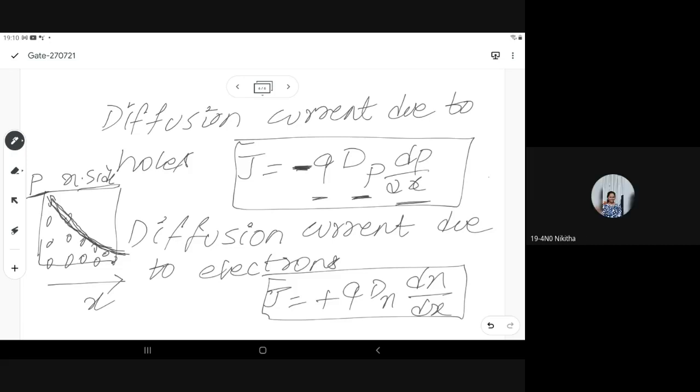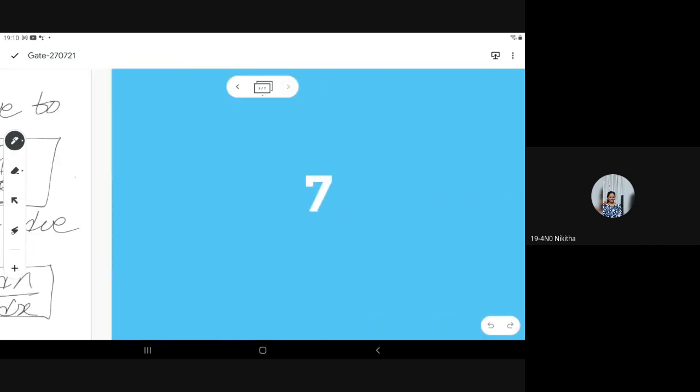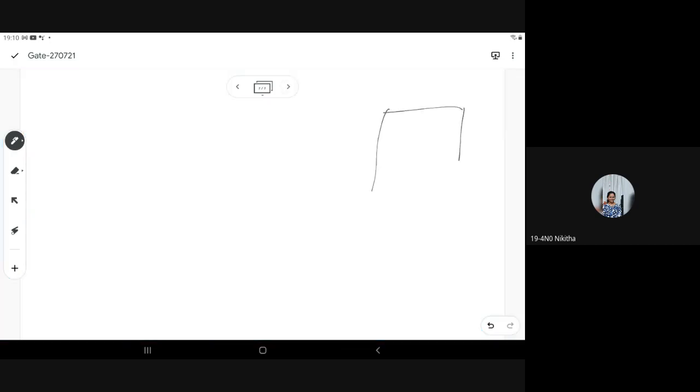Similarly, if we take the diffusion current due to electrons, on the N side I have electrons as majority carriers, and towards the P side, as the distance x increases, the electrons concentration is exponentially decreasing.